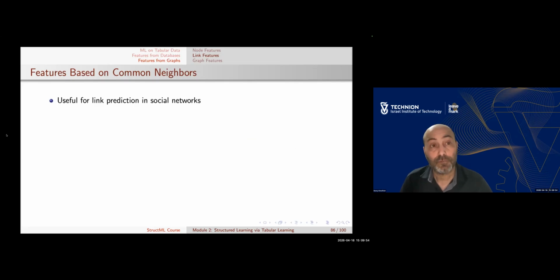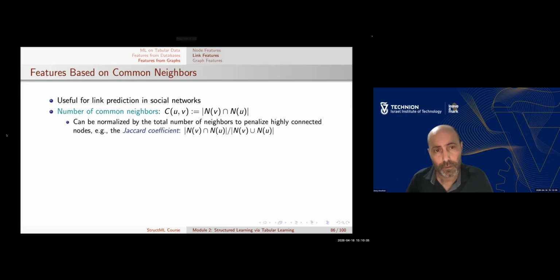There are features that are based on common neighbors, and these are especially useful when you want to predict future links or missing links in social networks. A simple one is just the number of common neighbors.